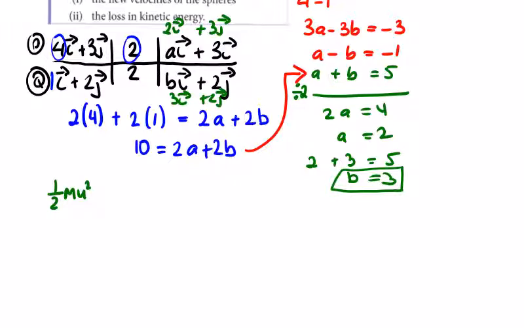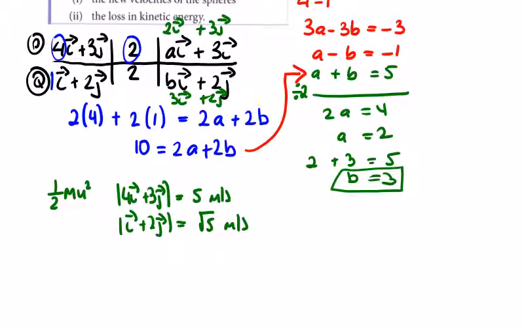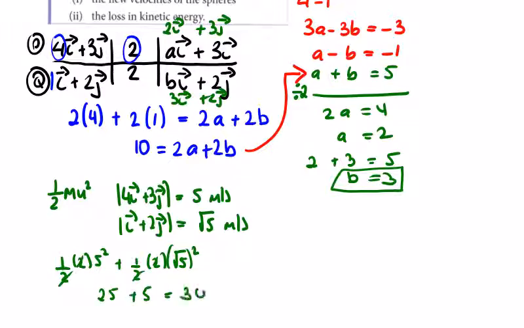At the beginning we have 4i plus 3j, so the magnitude is 5. And the magnitude of i plus 2j is root 5. So half mu squared becomes a half times 2 times 5 squared plus a half times 2 times root 5 squared, so that's going to be 25 plus 5, which is 30 joules.